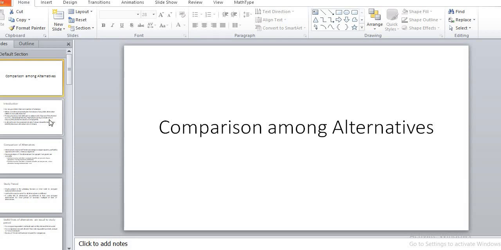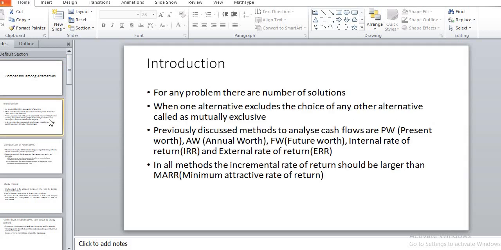So these projects are called the alternatives, or solutions, for that problem, and there are a number of solutions by which we can solve that particular problem.